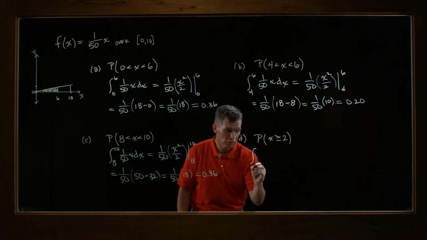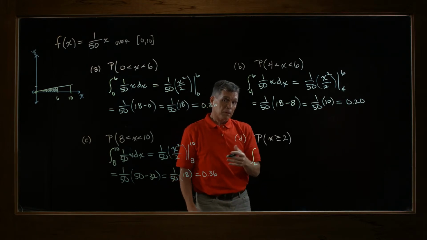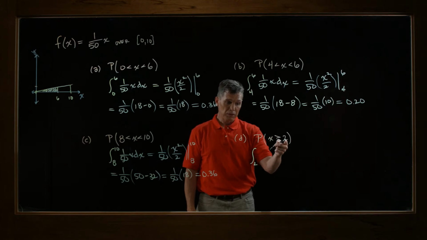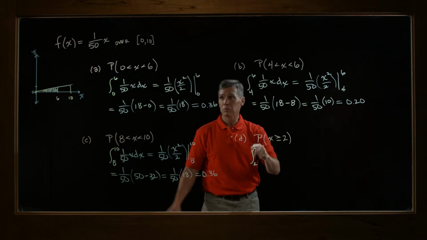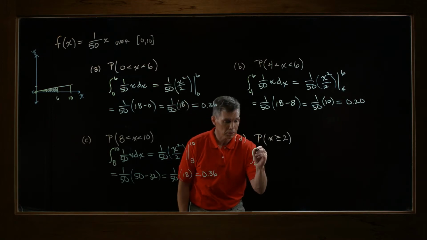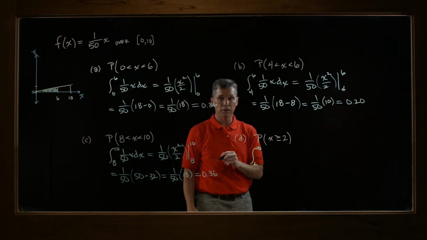I want to do an integral from 2. But another aspect of this problem is it's not a compound inequality. It says x greater than or equal to 2, but remember we're only looking over the interval from 0 to 10. So we do have an upper limit there of 10.